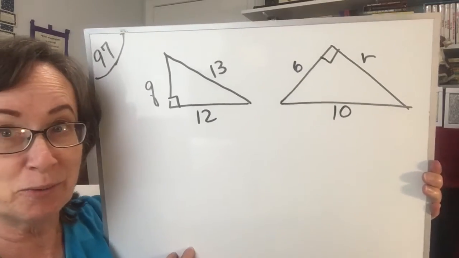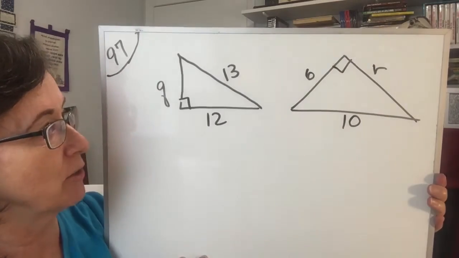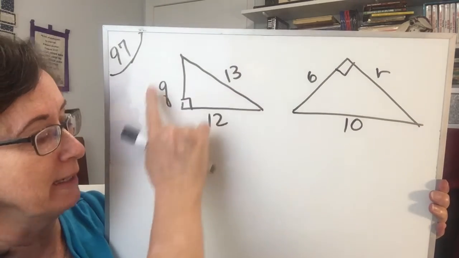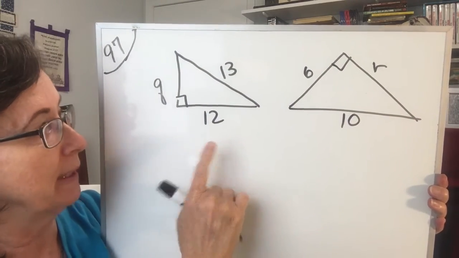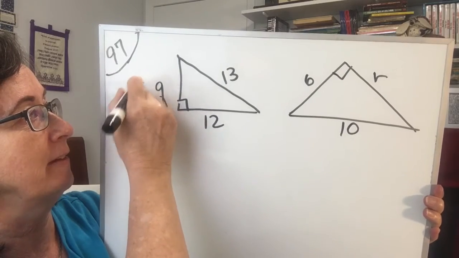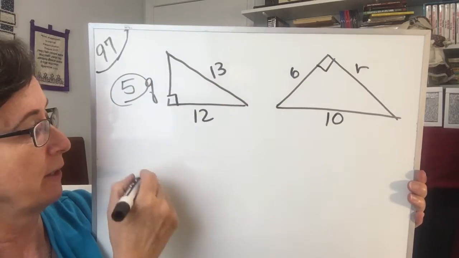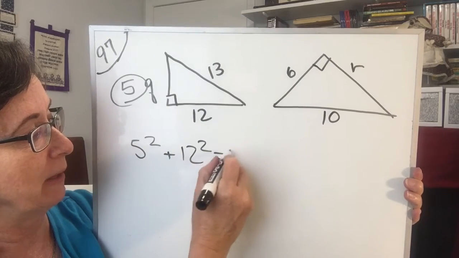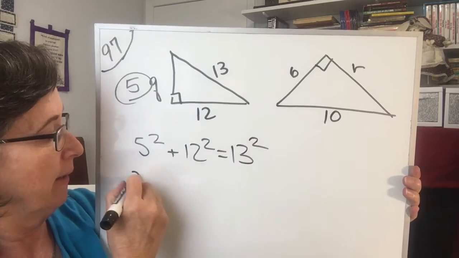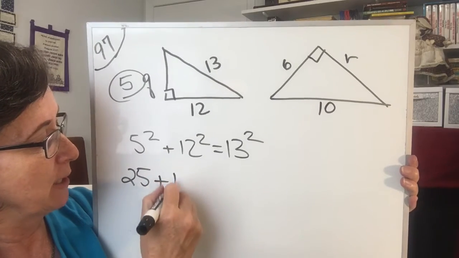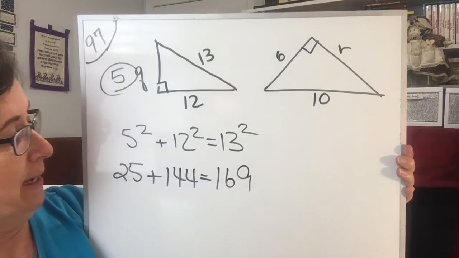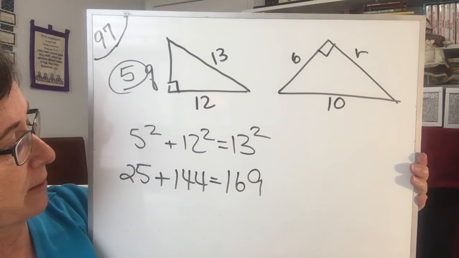These last two we're supposed to use Pythagorean triples. Okay, so we know that if we recognize this Pythagorean triple, it's a 5, 12, 13. 5 squared plus 12 squared equals 13 squared. That's 25 plus 144 is 169, and it works.